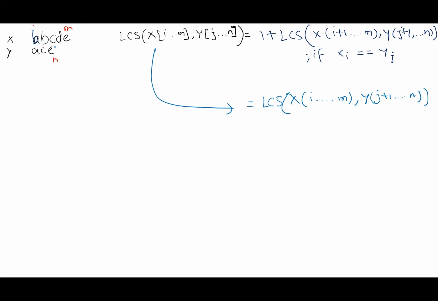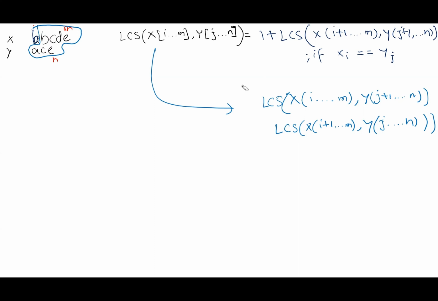we can just take the whole of the second one. That means LCS of x starting from i plus 1 to m and j to n. Okay. And we want the max out of these two.